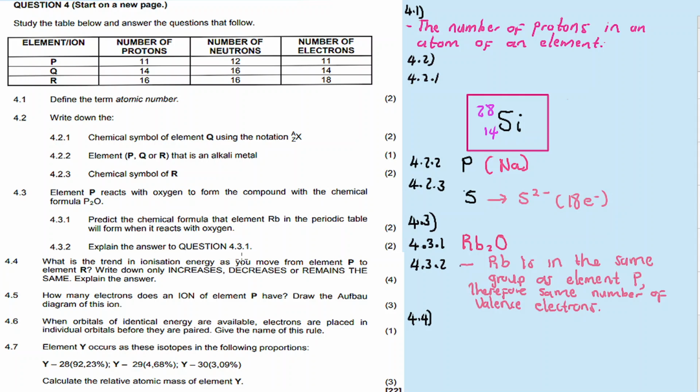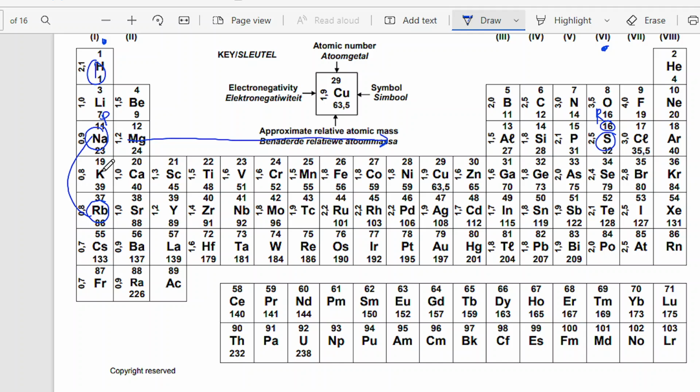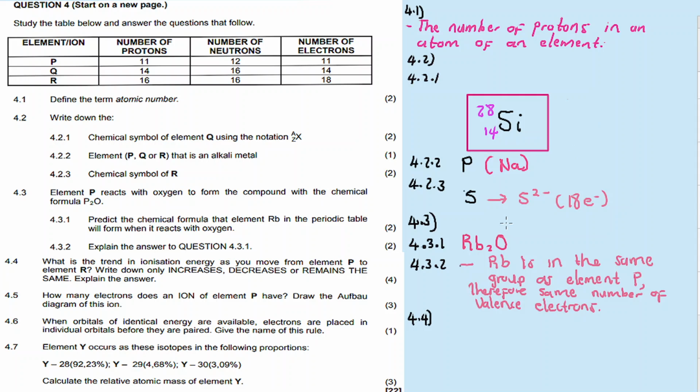Ionization energy is the energy required to remove electrons from atoms. So as you move from left to right on the periodic table, the ionization energy increases because the atoms decrease in size. Since atoms decrease in size, the atomic radius decreases too.